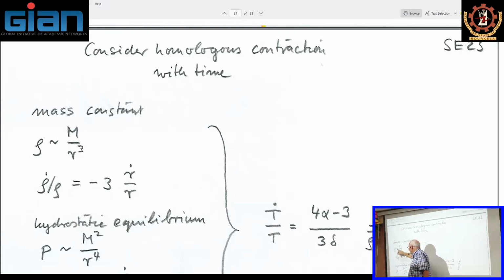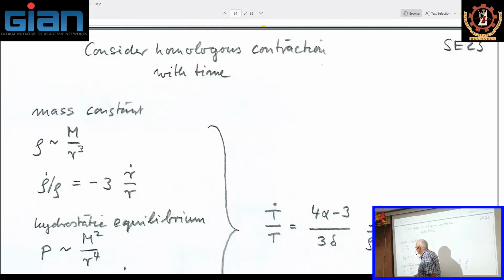So if we take the derivative of the density with respect to time, rho dot, and take the ratio of rho dot over rho, well, the mass is constant, then this is caused only by the change in radius. So we obtain rho dot over rho is minus 3, it's the exponent of this 1 over r cubed, minus 3 times r dot over r. Simply differentiating this relation, keeping the mass constant.